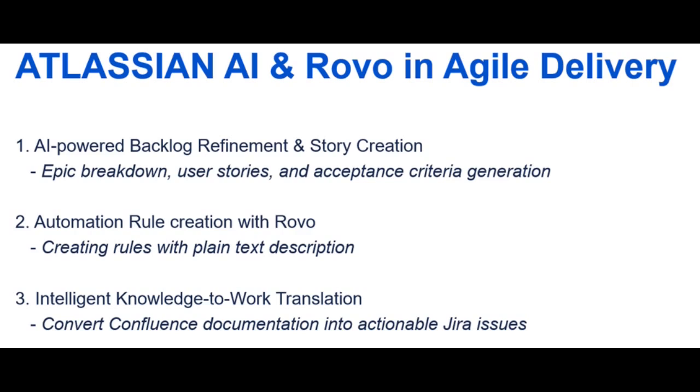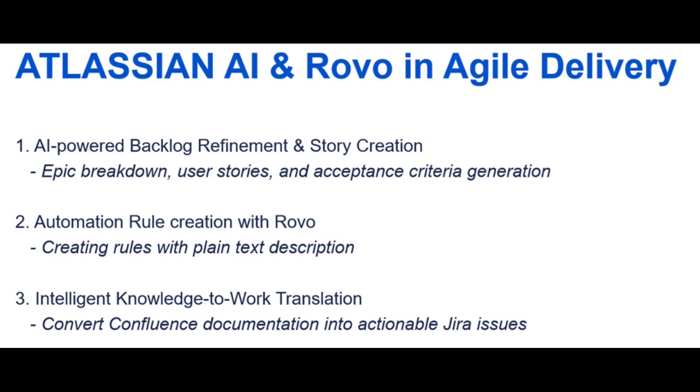I will walk you through a few targeted use cases that show how AI integrates directly into everyday agile workflow using Jira and Confluence. First, how AI can support backlog refinement by breaking down epics into meaningful user stories and generating clear acceptance criteria.